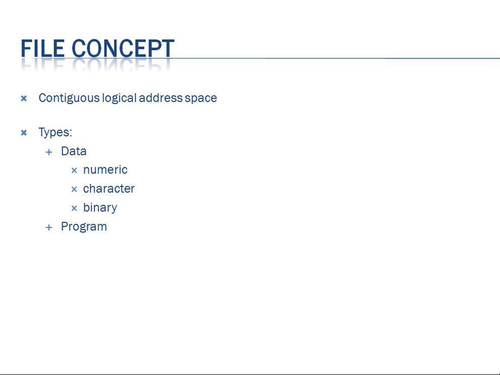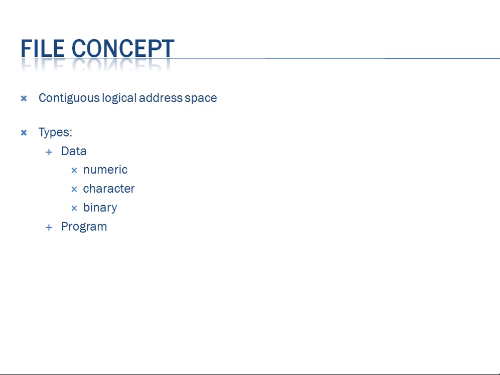It has got some types. When we say a particular type of file, for example an image file type or a text file type, whatever kind of file it is, it has got some type. For example, JPG, TXT, docs.